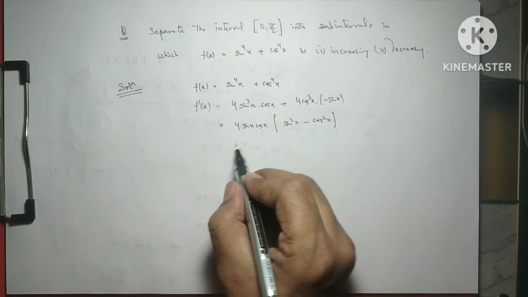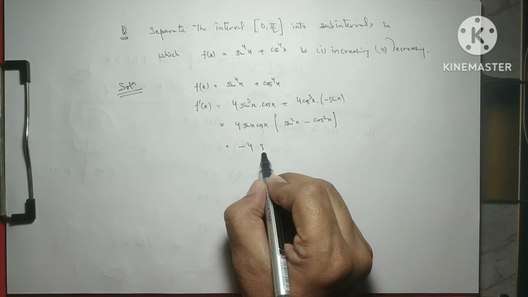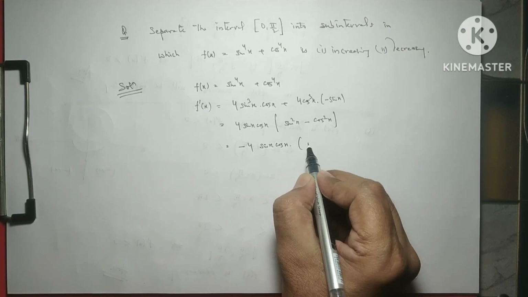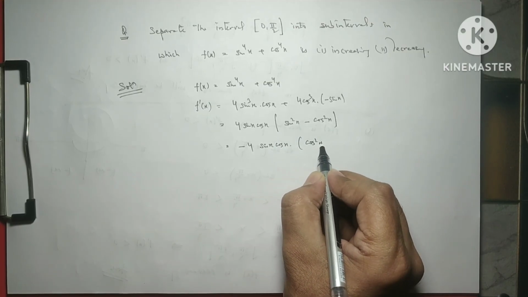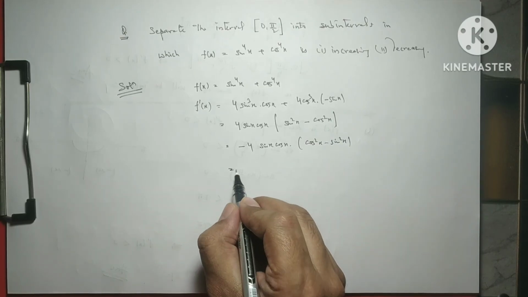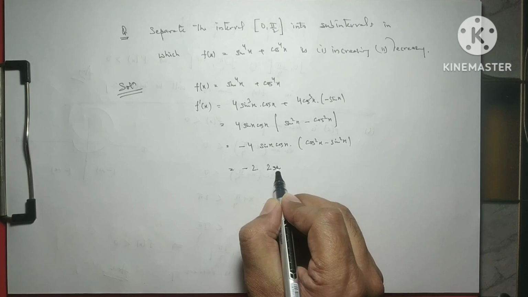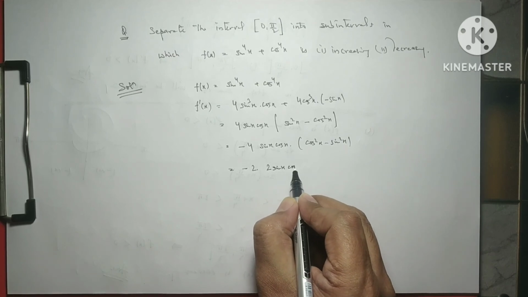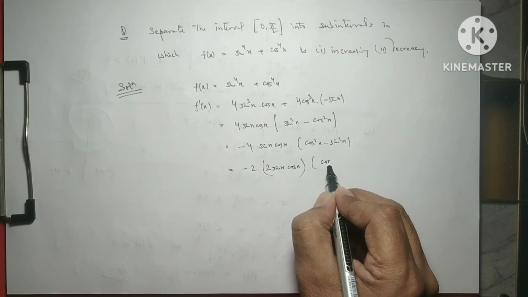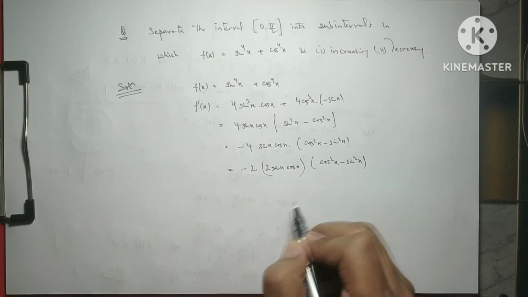On taking minus as common, minus 4 sin x cos x, this becomes cos square x minus sin square x. It is minus 2 into 2 sin x cos x, and this is cos square x minus sin square x.